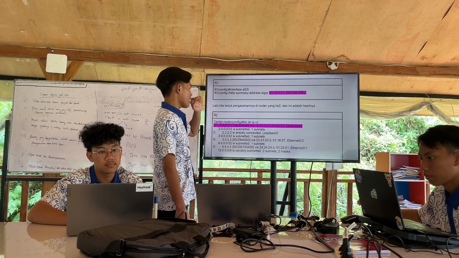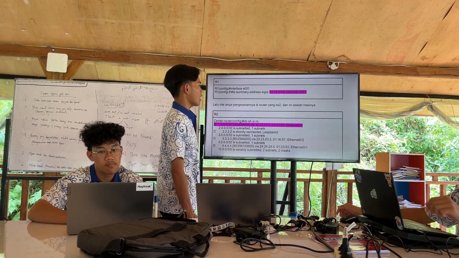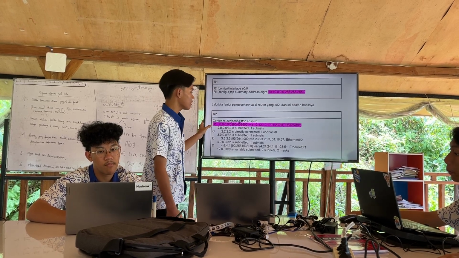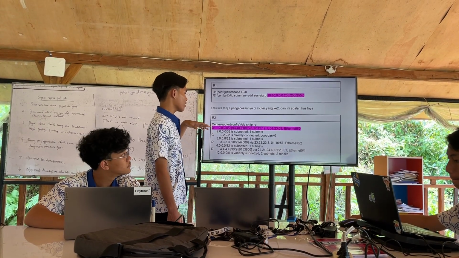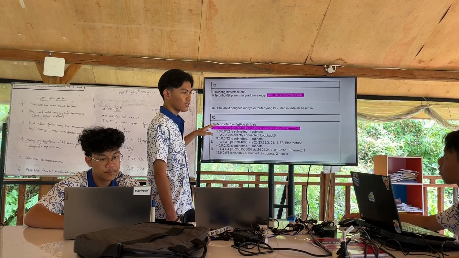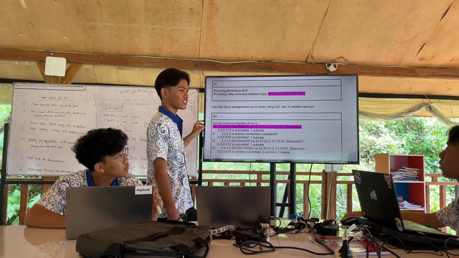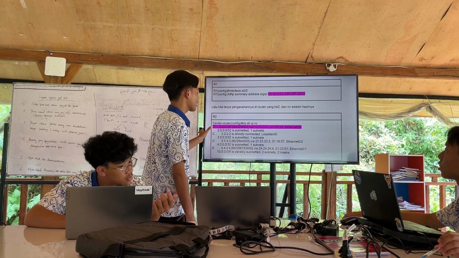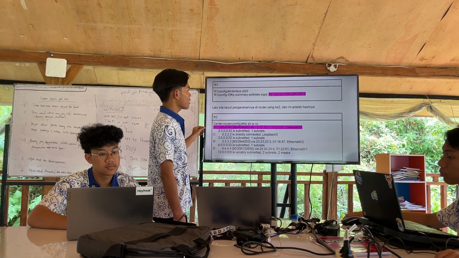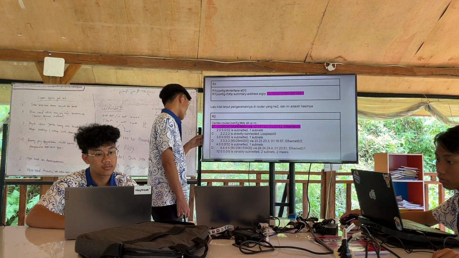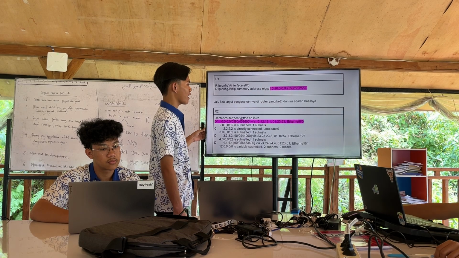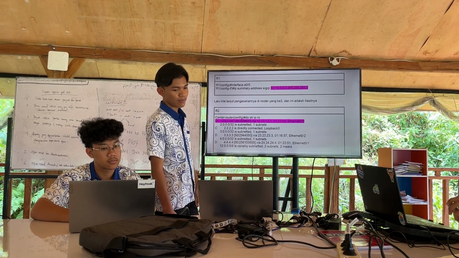Then we next check the other router, and this is the result. This is for the summarization. This is for the summary default route. The IP summary was successfully made into one IP, and it was summarized by the AGRP.